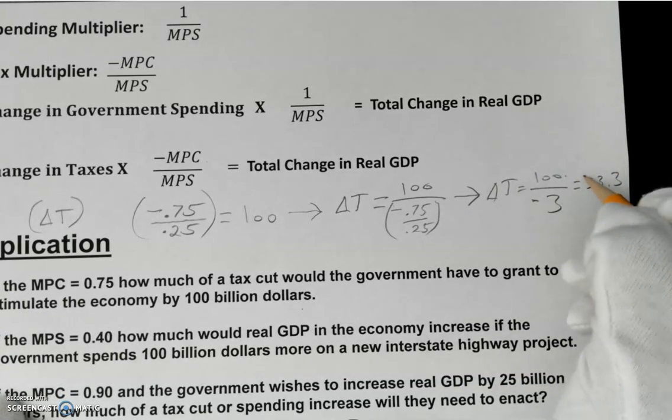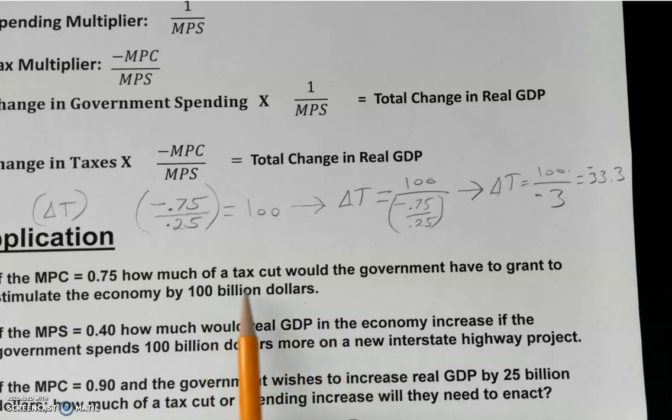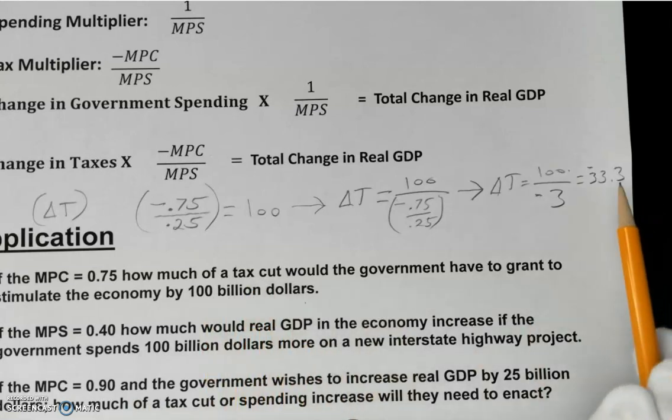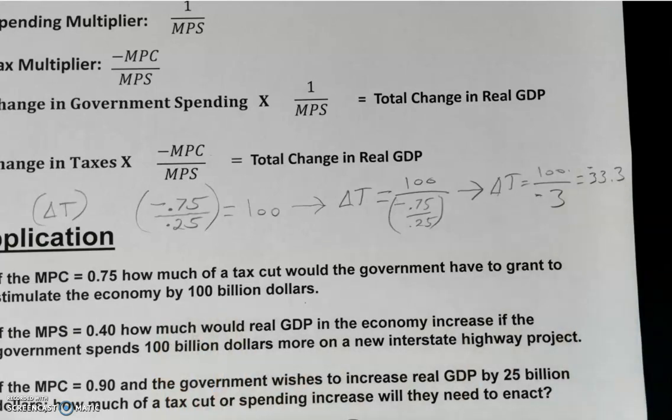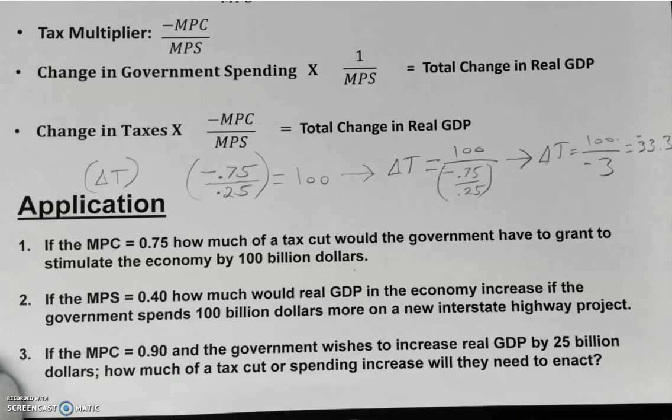It's a negative here, so this should be negative 33.3. In other words, the government would need to cut taxes by $33 billion in order to get a $100 billion fiscal stimulus. All right, let's go ahead and look at the second question.